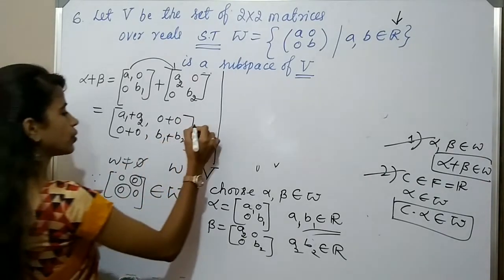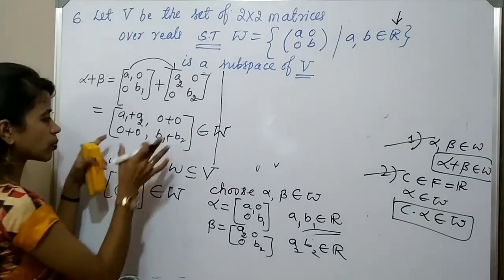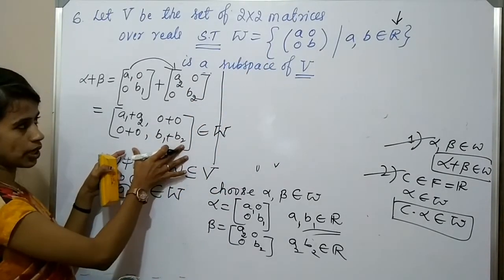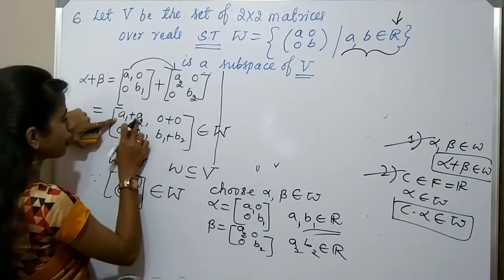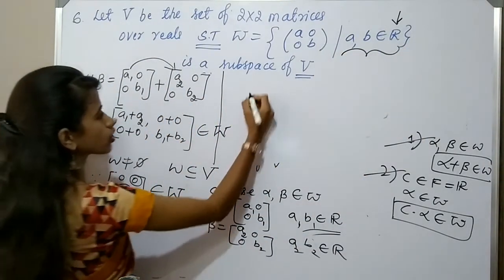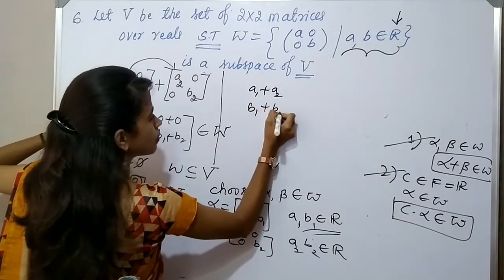Now, does it belong to W? To be in W, it must be a 2 by 2 matrix, which it clearly is. What about the other condition: do A1 plus A2 and B1 plus B2 belong to R?